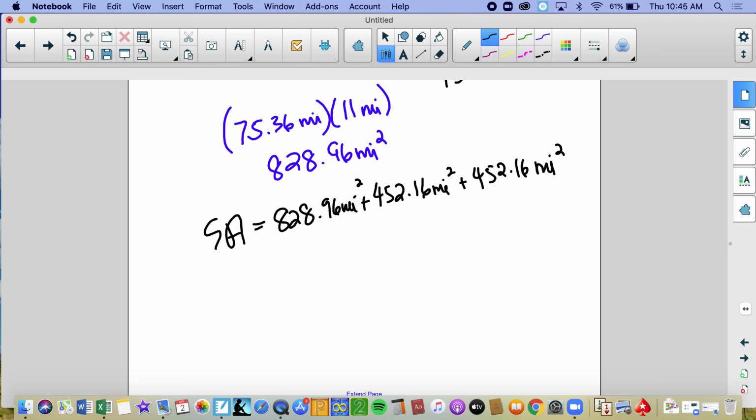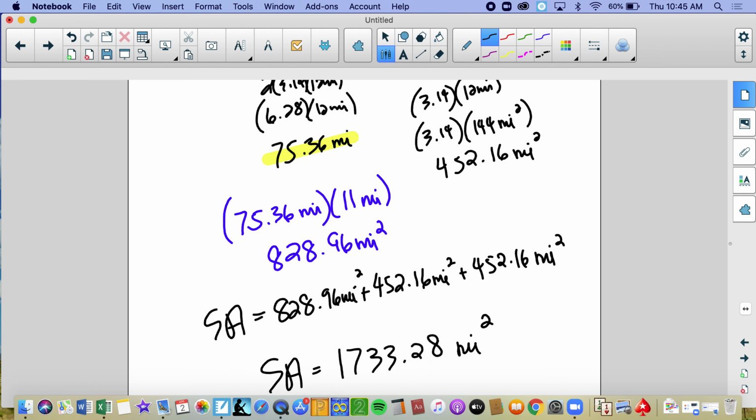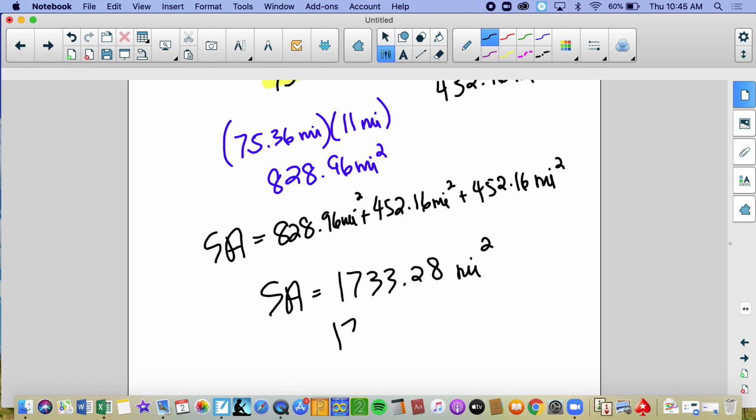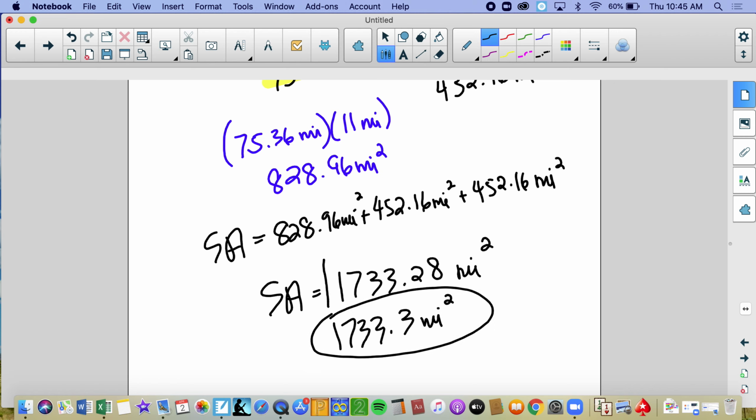That gives me a whopping total of 1733.28 miles squared. Now remember, in the directions I think it said round to the nearest tenth. So on the answer sheet it probably gave that value, I'm hoping, but this is the value that I'm looking for.